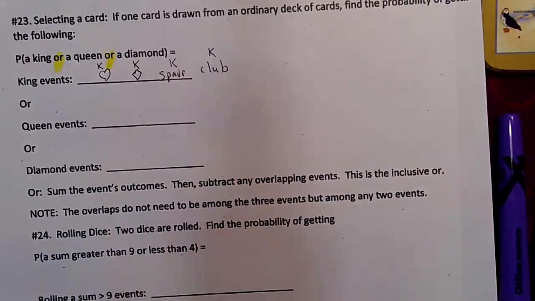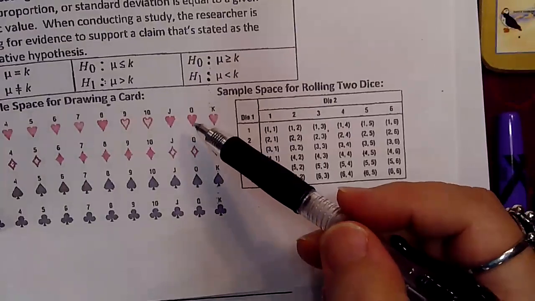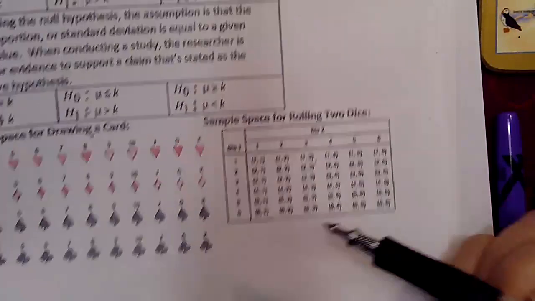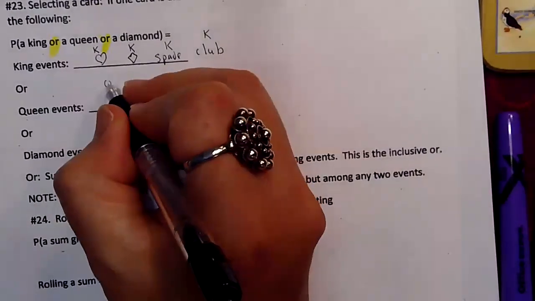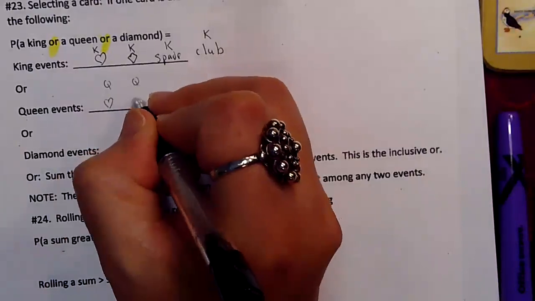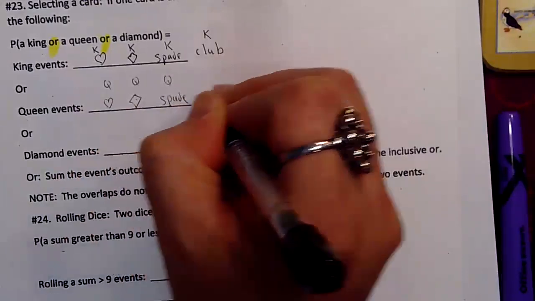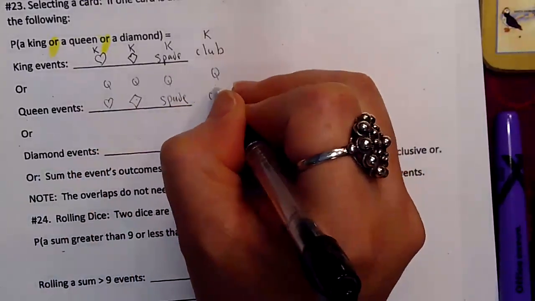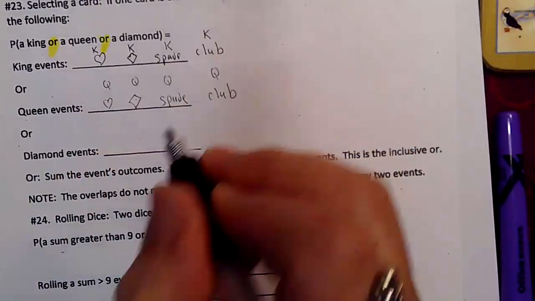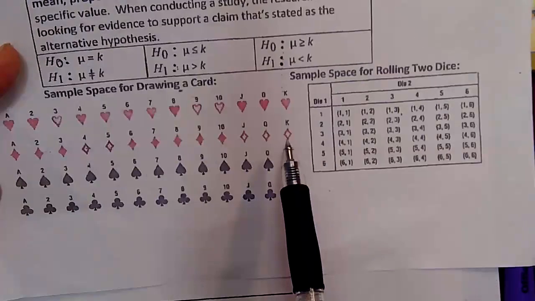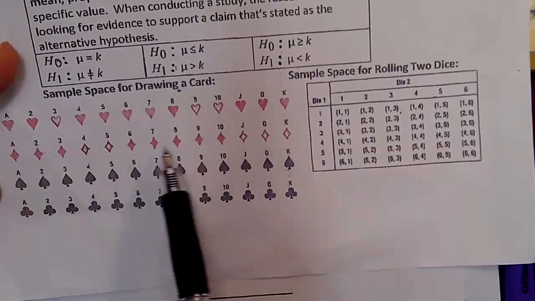And then when we look at the queen events, heart, diamond, spade, and club. And then you have the diamond events. So the diamonds, you have all those diamonds.